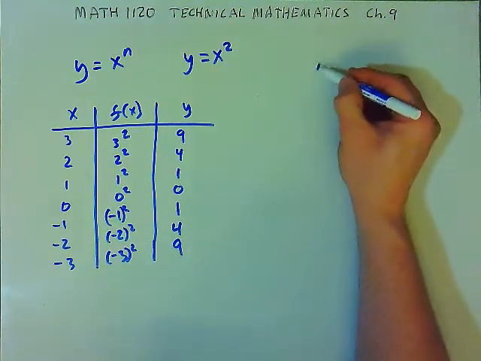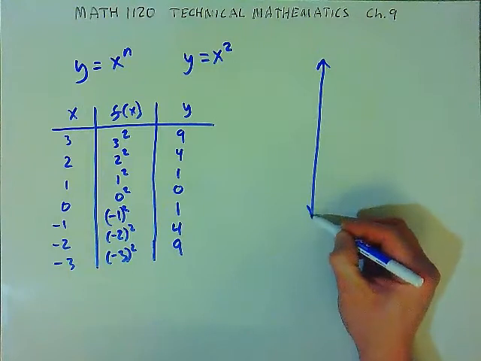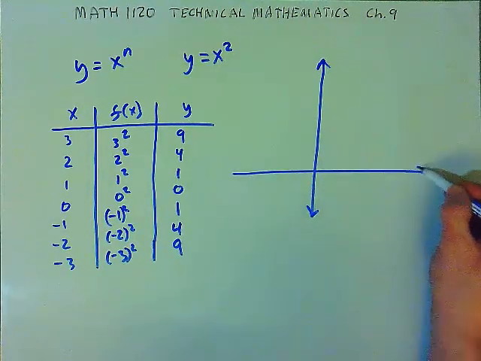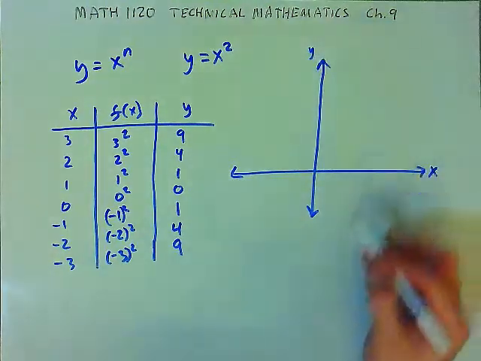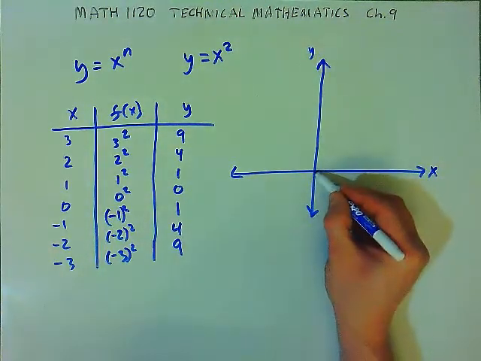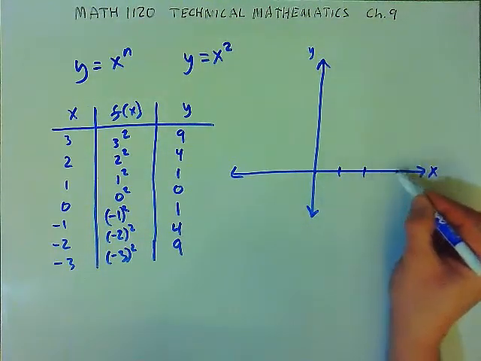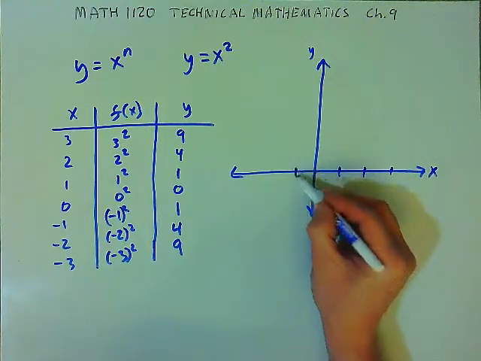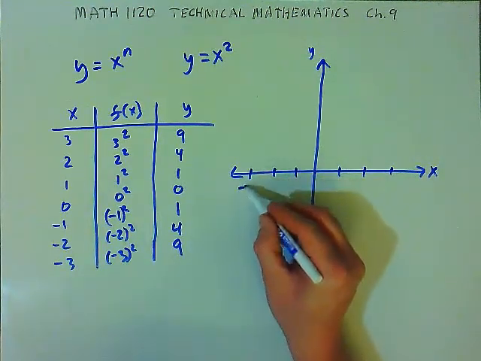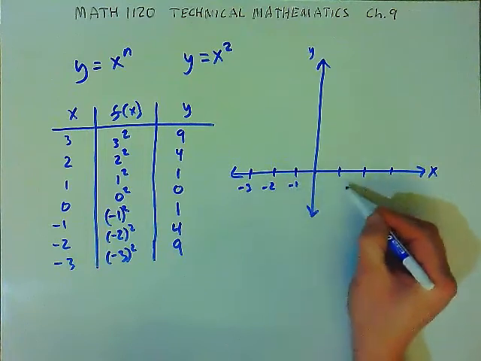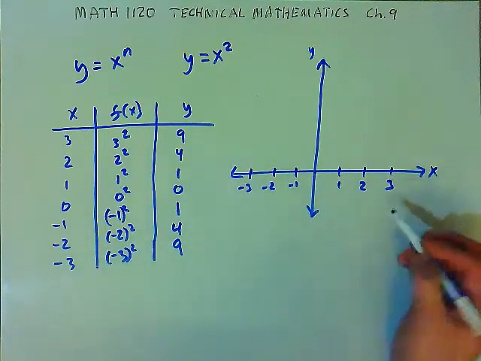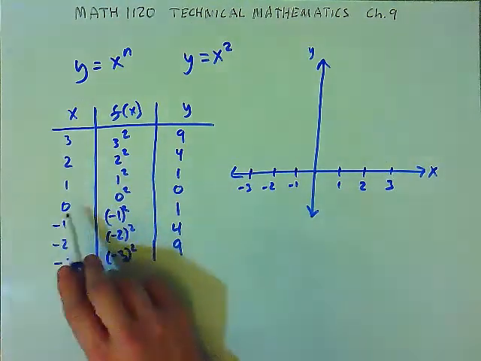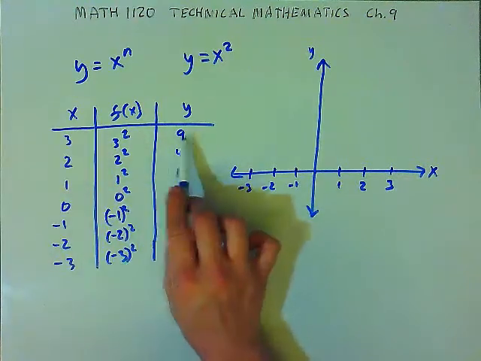And so we can graph this function. x can either be 0, or 1, or 2, or 3, or -1, or -2, or -3. When x was 3, y was 9.